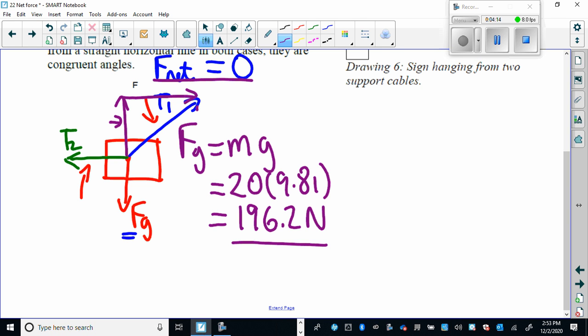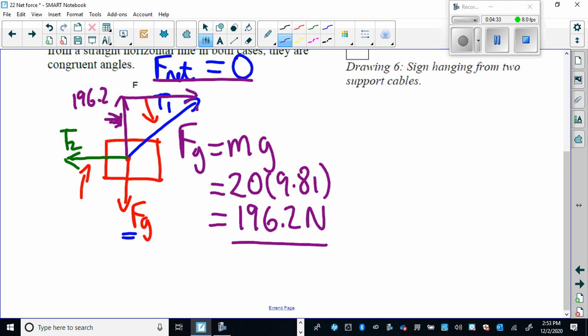If it was pulling with less force, the sign would be accelerating down. If it was pulling with more force, the sign would be accelerating up. The sign is stationary, it is not accelerating. Therefore, this vector here must be 196.2 newtons.